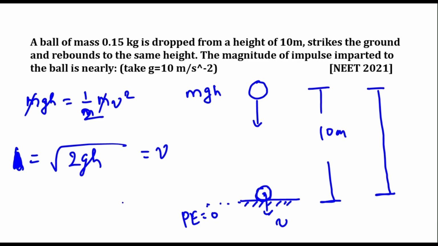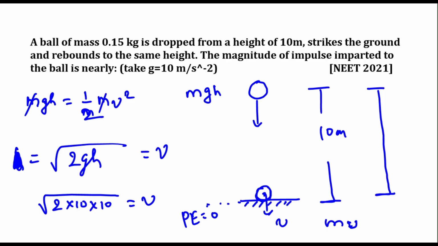We can write it directly as 2 times 10 times 10, as we have to take g equals 10 meter per square second. So the square root of this thing is the velocity. Then what will be the momentum at this level? The momentum will be mass times velocity.